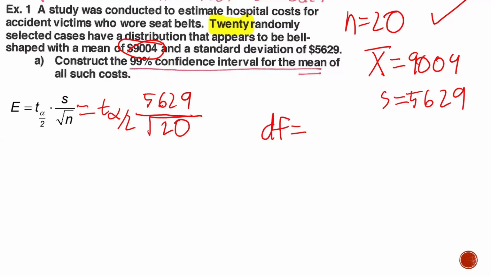Degrees of freedom. What's that in this case, everybody? Which is 19. Okay, and then our confidence level is directly mentioned: 99%, right?